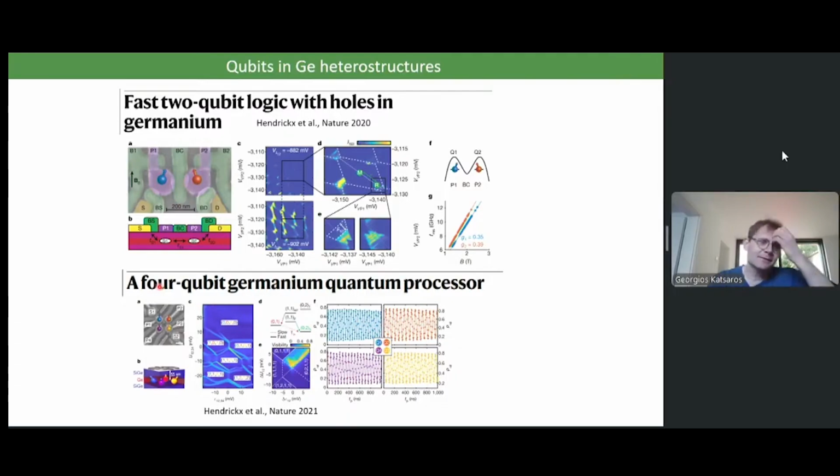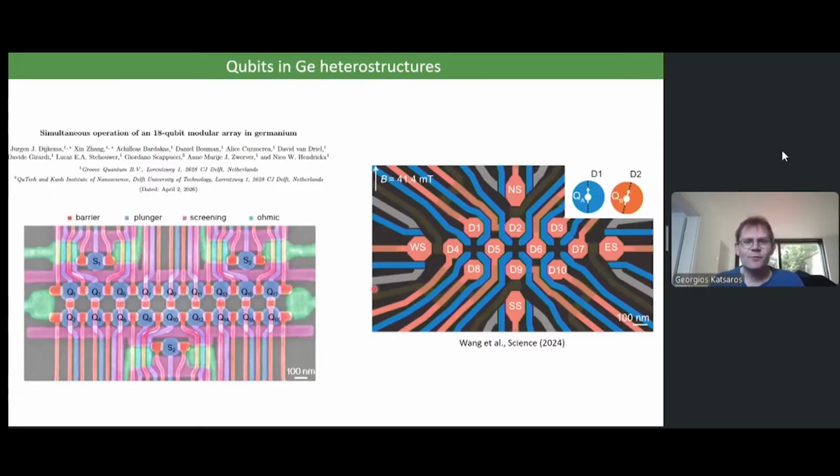One year later, they created a 4-qubit germanium quantum processor, and without going into detail on all the works which have been done, I jump forward to today. This is a paper which appeared on arXiv this year by Nico Hendrickx, who now leads, together with Annemarie, a quantum startup. You can see here 18 quantum dots and spin qubits.